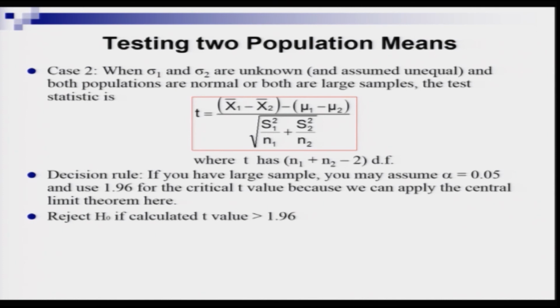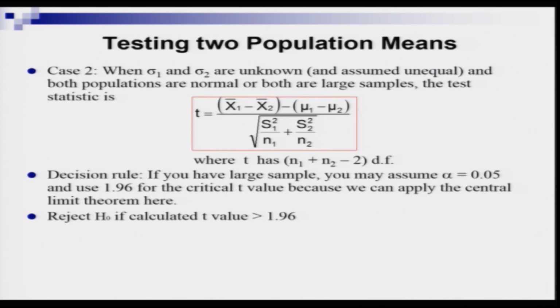That is the way you get a combined measure of the variance and standard deviation, and here the t statistic will follow the t distribution with n 1 plus n 2 minus 2 degrees of freedom.